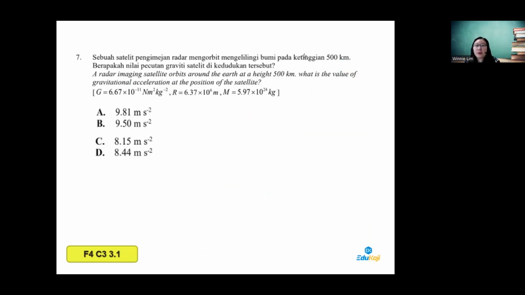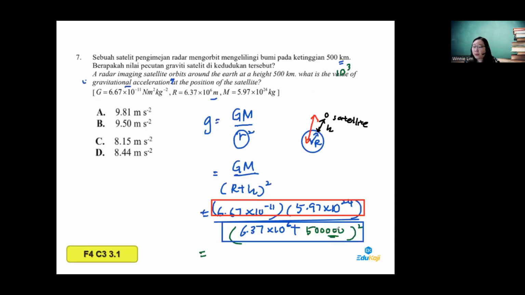But normally for equations that have square, students will always have the tendency to press wrongly. So hence you get 8.44 meter per second per second. So the answer is D.